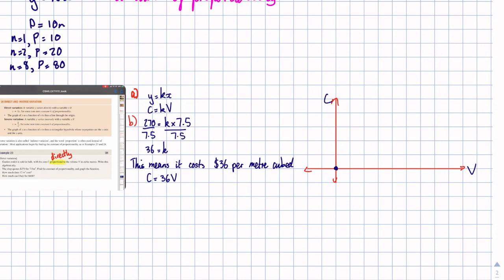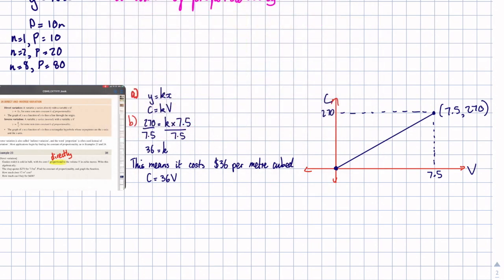Then I just draw a straight line. I'm cheating massively, but it's fine, you'll do this. So this might be 7.5, and this would be 270. Obviously I didn't measure that out, I just generically decided, and you will do that. 7.5, 270. And that's all the information you need for something like this.